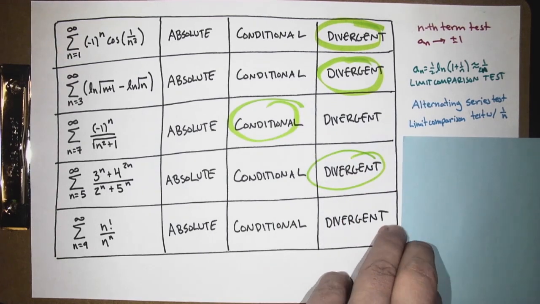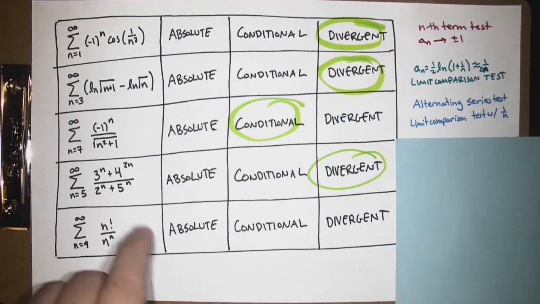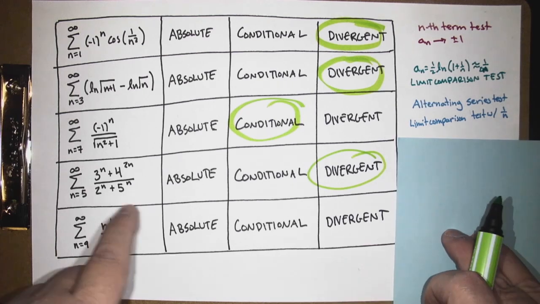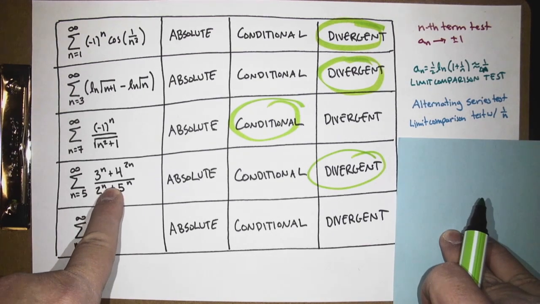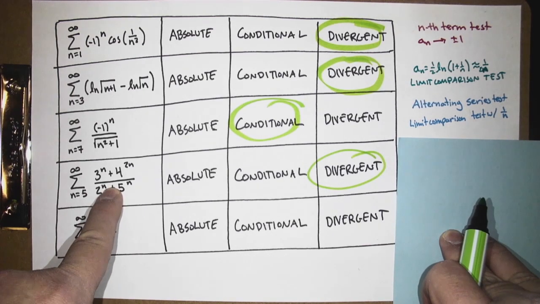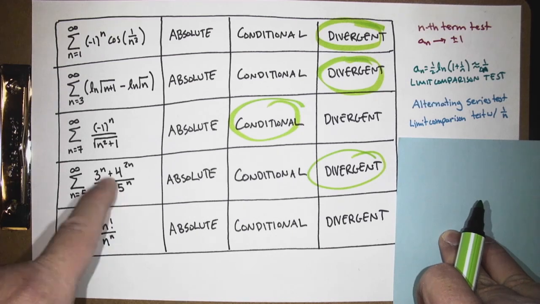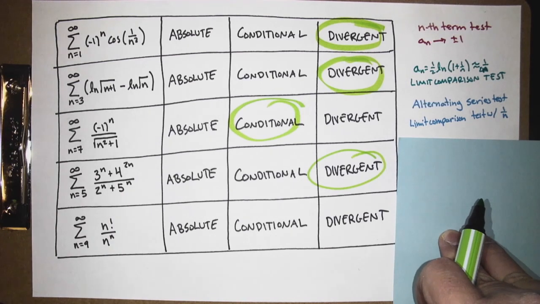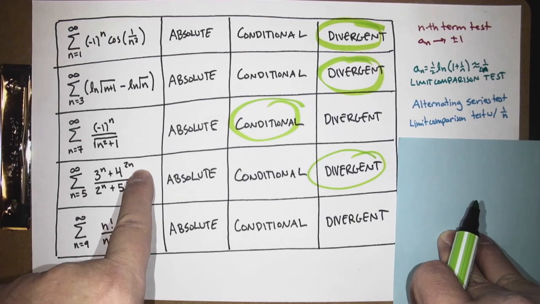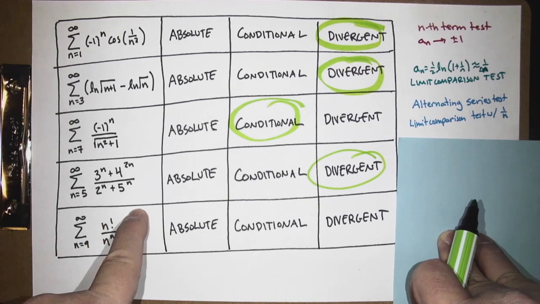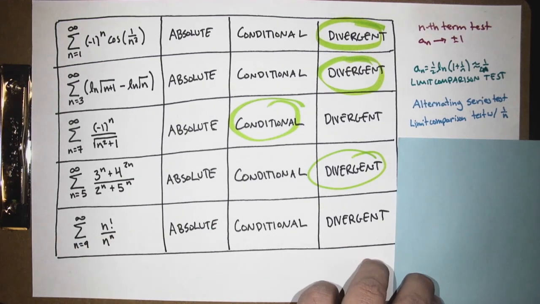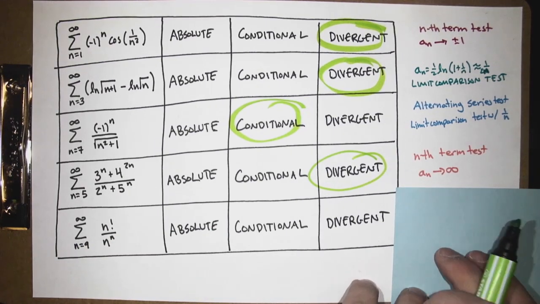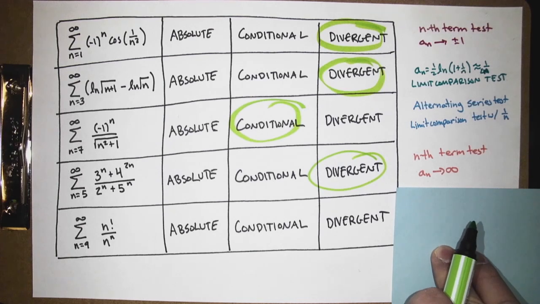Why is it divergent? What's another way to say 4 to the 2n? 4 to the 2n is also known as 16 to the power n. Like it's 4 squared to the n. The upstairs looks like 16 to the n. The downstairs looks like 5 to the n. These terms are blowing up. Nth term test: doesn't go to 0.